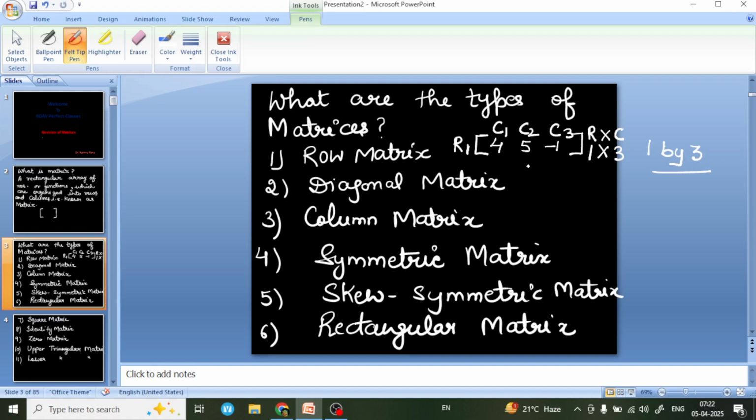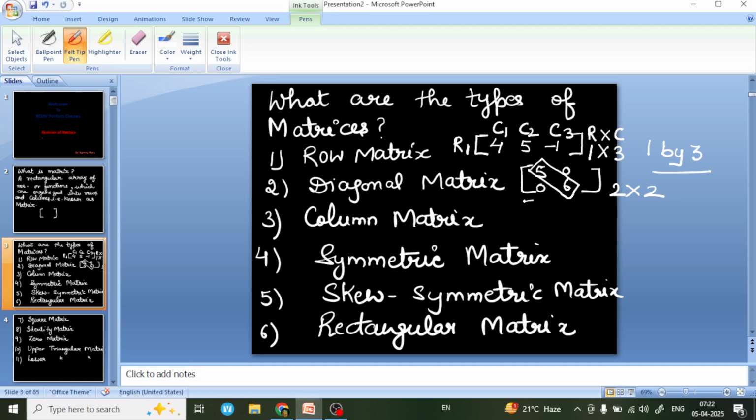In a diagonal matrix, you can take a 2 by 2 matrix or 3 by 3 matrix, in which only the diagonal values are given and other elements will be 0. That is known as a diagonal matrix. You can see here this is the diagonal, and the order of the matrix is 2 by 2.